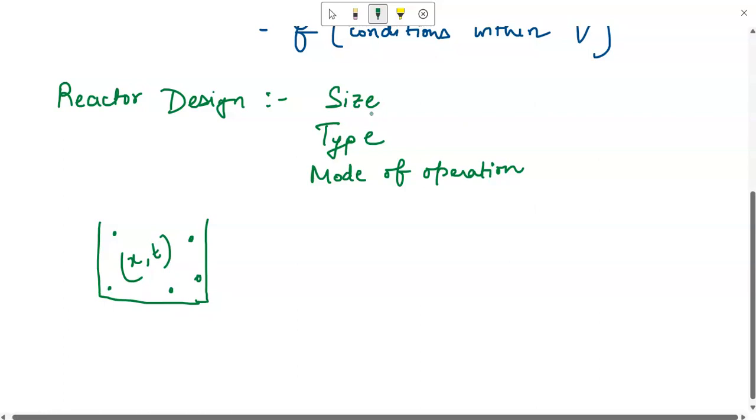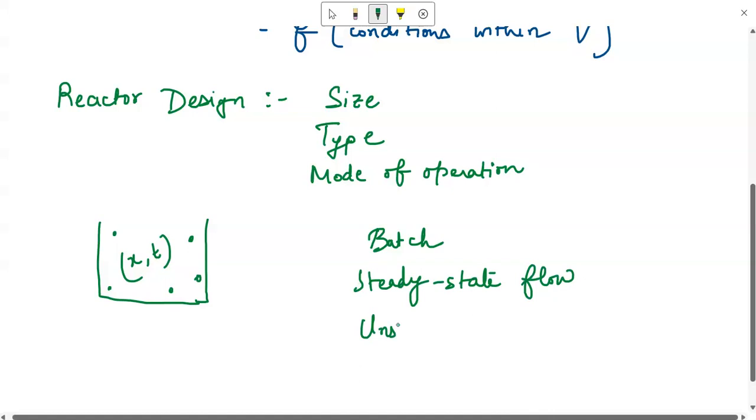Now, in case of homogeneous reactions, they are usually operated in the following types: batch, steady state flow, and unsteady state flow or semi batch.